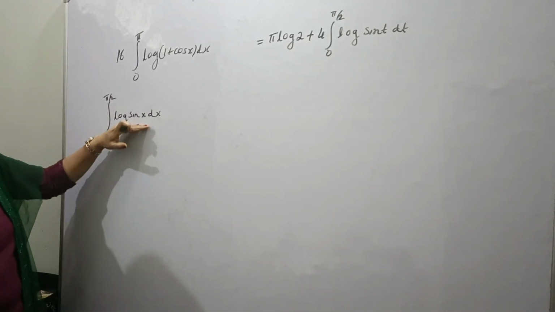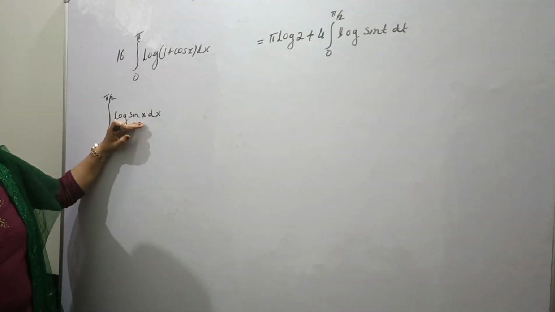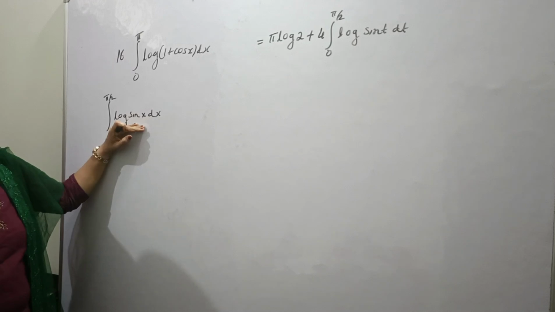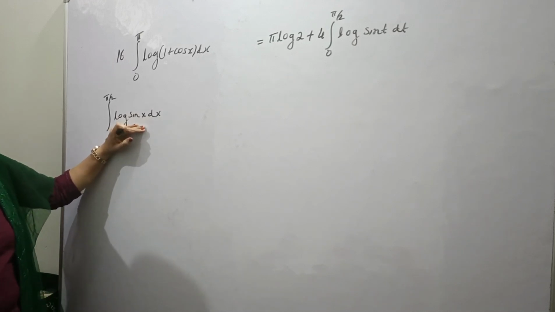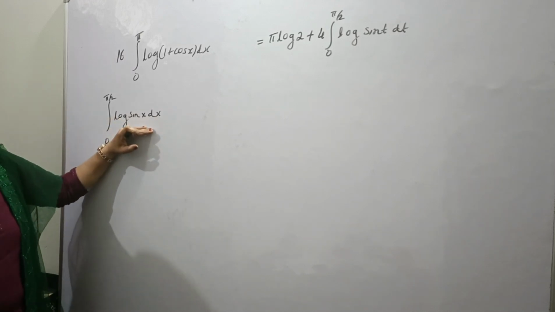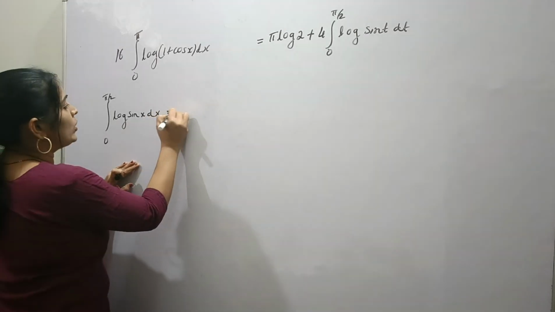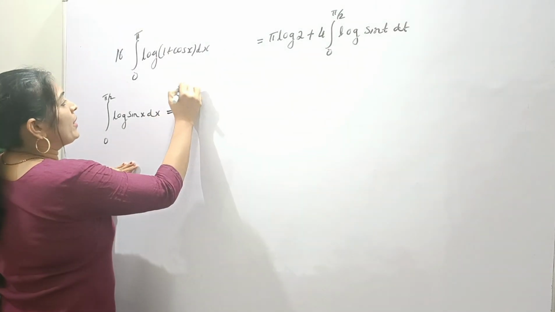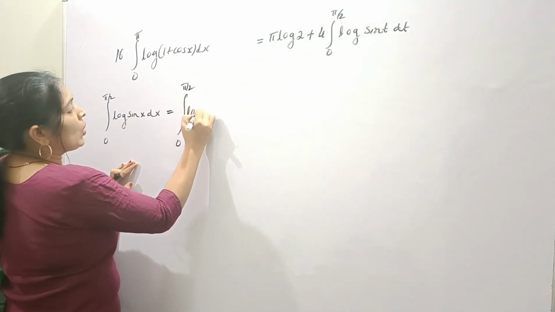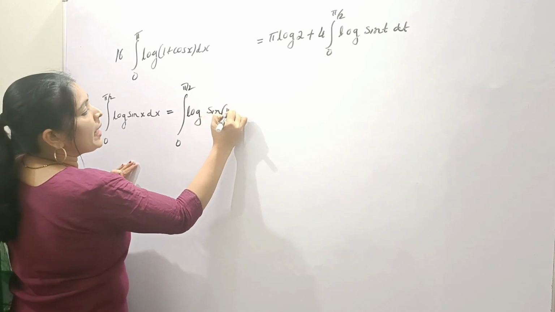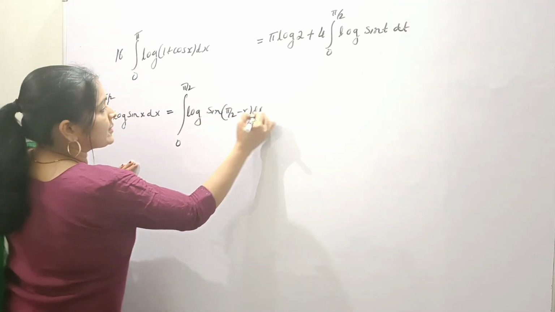Here we will apply the property: integral from 0 to a of f of x dx is equal to integral from 0 to a of f of a minus x dx, right? That is equal to integral 0 to pi by 2 of log of sin of pi by 2 minus x dx.